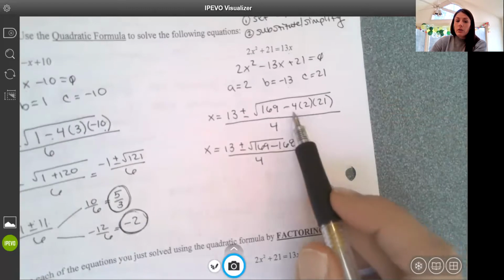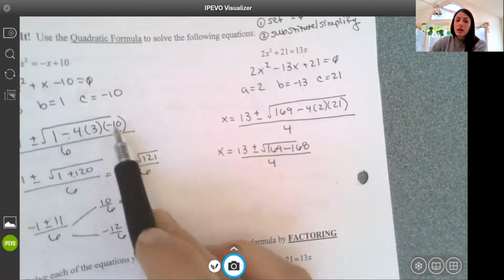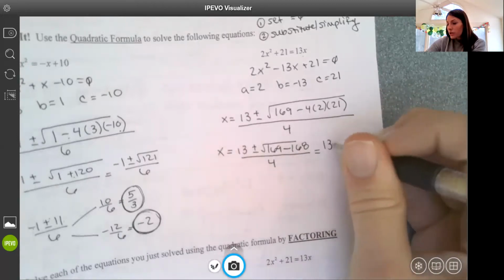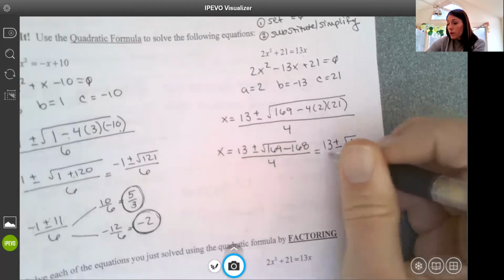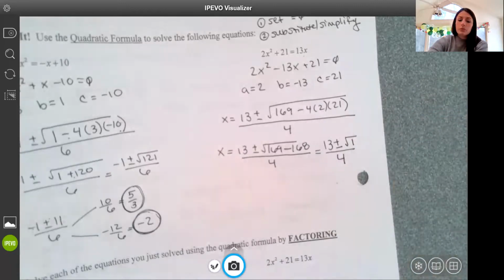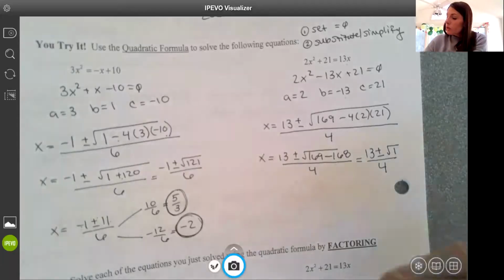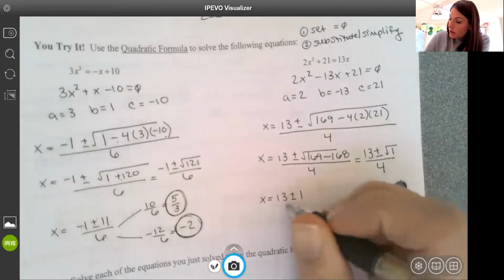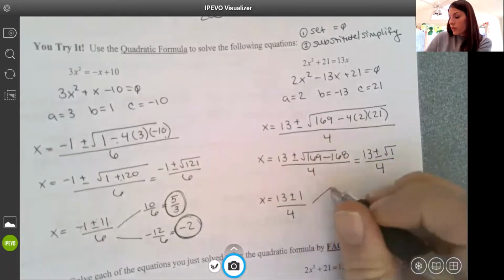Okay, so here it became positive because I had two negatives. Here it's going to be a subtraction, which means I have 13 plus or minus the square root of 1 over 4. And the square root of 1 is just 1. So I have 13 plus or minus 1 over 4.